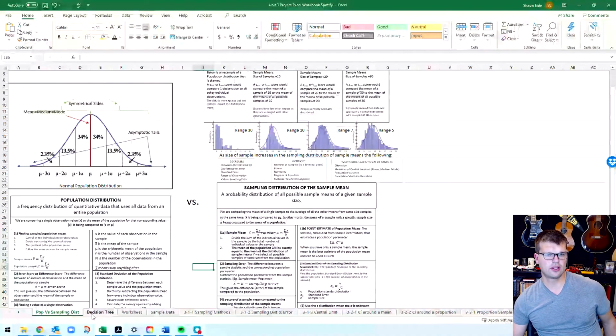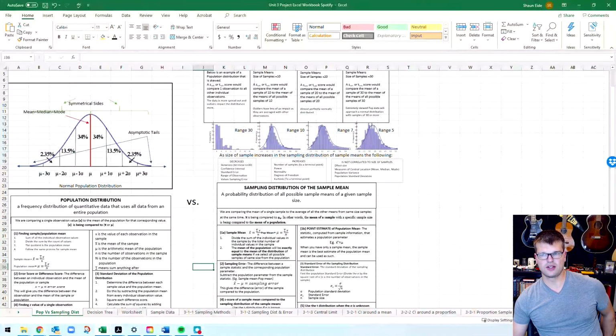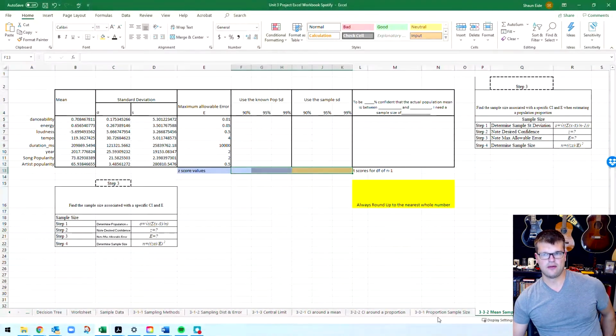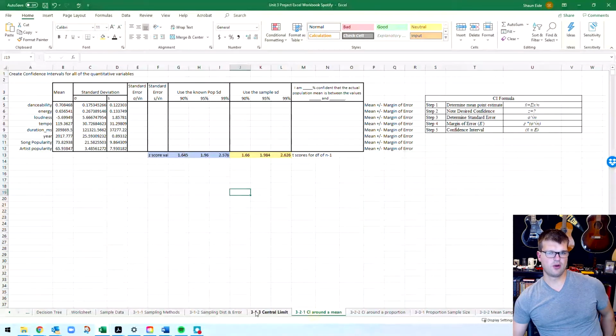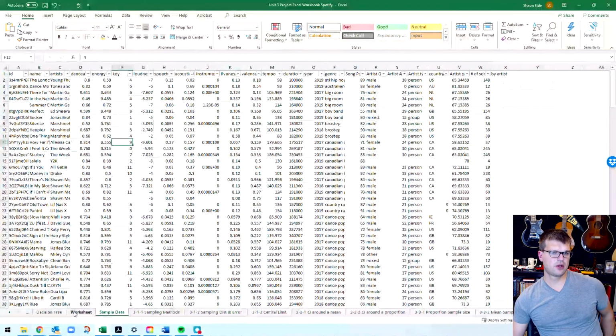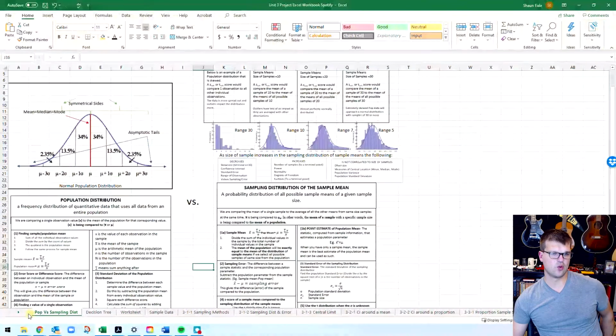And so if you look down at the bottom, you've got the population and sample, decision tree, worksheet, sample data. Then you've got all of your individual worksheets that you're going to be doing throughout this unit. So just be aware of that. And I'm trying really hard to make it so that, like I said, it's just one stop shop for everything.